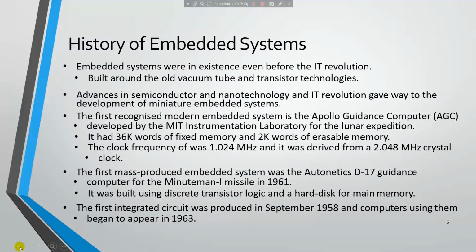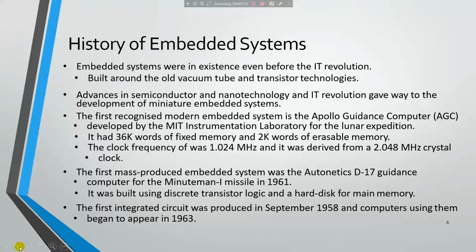Next, the history of embedded systems. Embedded systems were in existence even before the IT revolution. These were built around old vacuum tubes, and later transistor technologies. So these things were seen as embedded systems in older days.